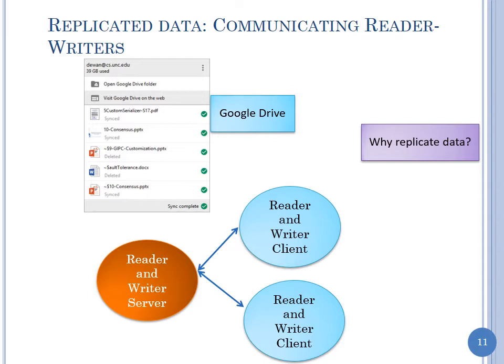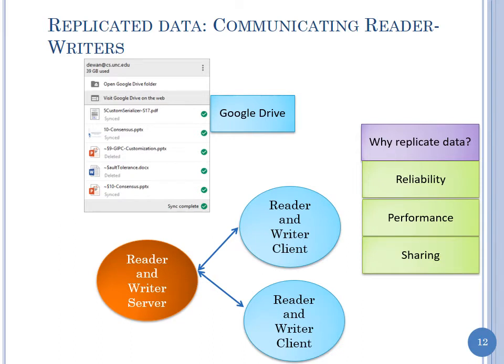Why do we really want state to be replicated in Google Drive? Let's think of all the reasons, all of which we might have seen already. So we get reliability, backup. We get performance by having a cache on a desktop, and we get sharing, as Chris mentioned. Okay, so we get all these three benefits.